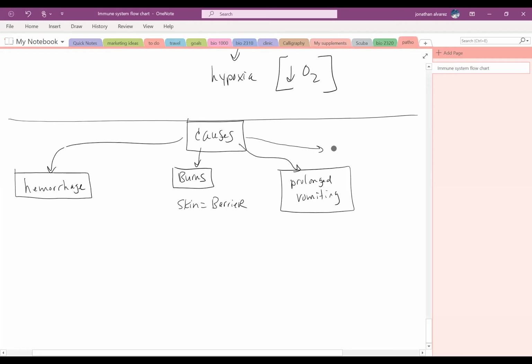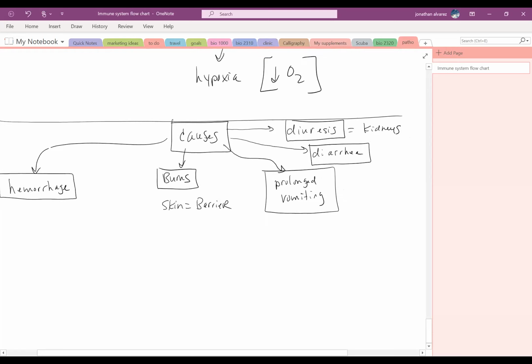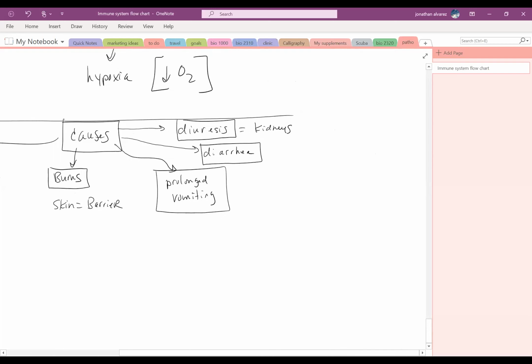All right, diarrhea, which is also a lot of fluid loss. And then diuresis. Diuresis is where the kidneys, well, let's just say lose too much fluid.